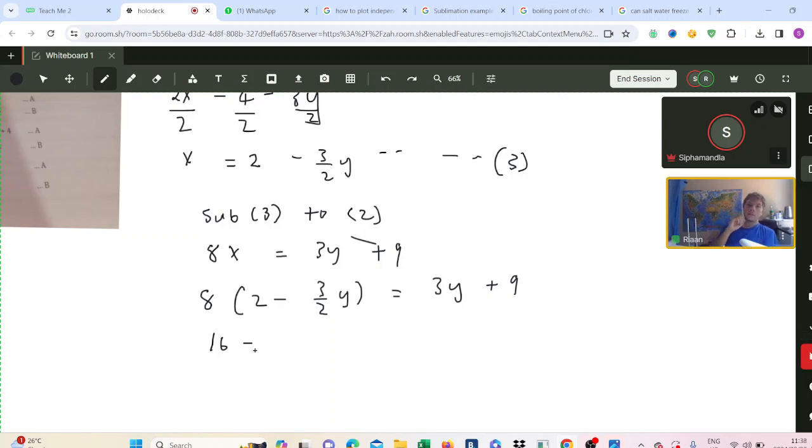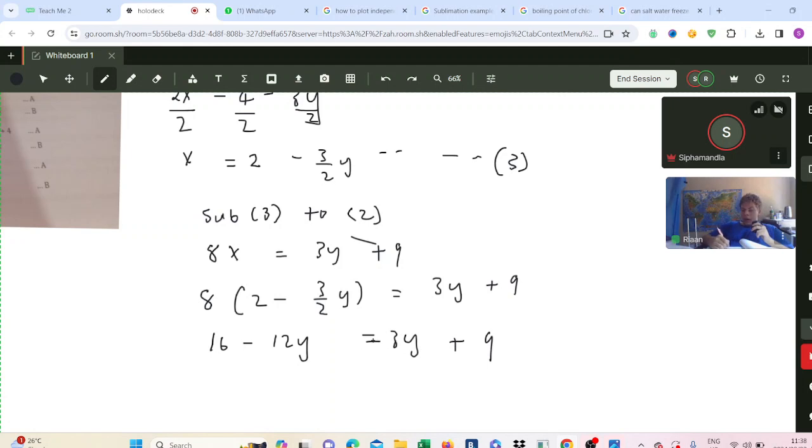So that is negative 12y, equal to 3y plus 9.